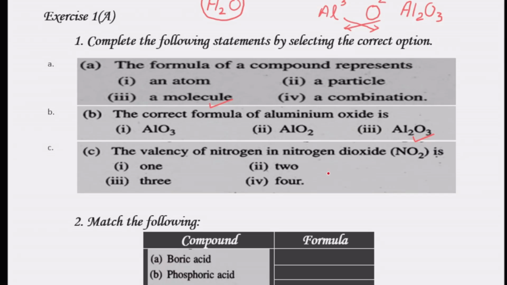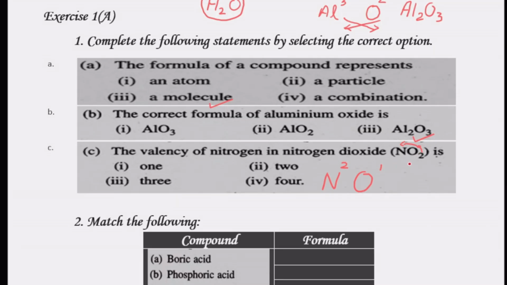First, write N and O. This 2 is the subscript of oxygen. We bring that 2 to superscript, interchange it, and bring it above nitrogen like this, N2. Since nothing is written above N, we put it as 1. If nothing is written, make sure it is 1.